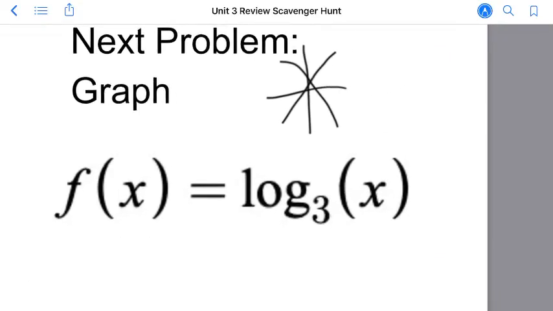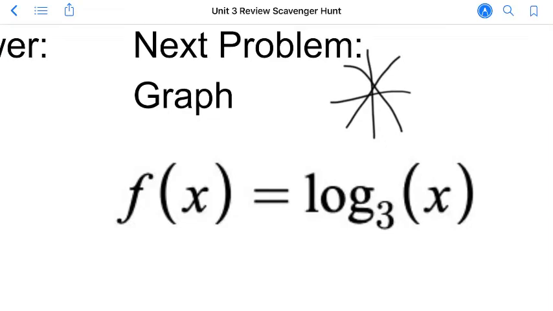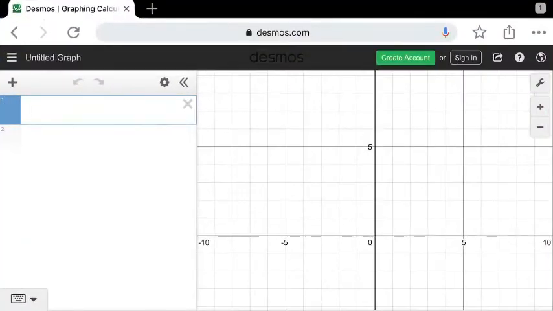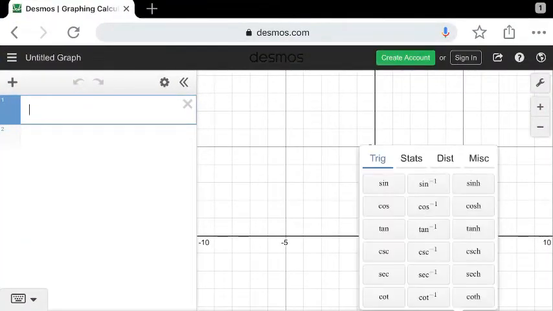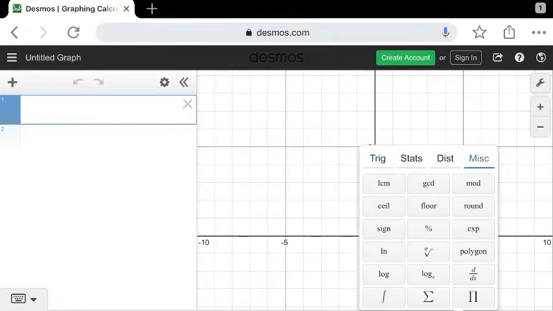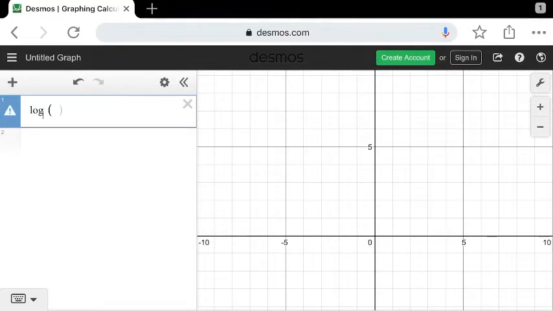So for our first problem, it says graph this function. So I'm going to go to my Desmos. I'm going to hit the functions key, go over to the MISC, and then go down to log A. The reason why I hit log A versus log is because I have a different base than 10.